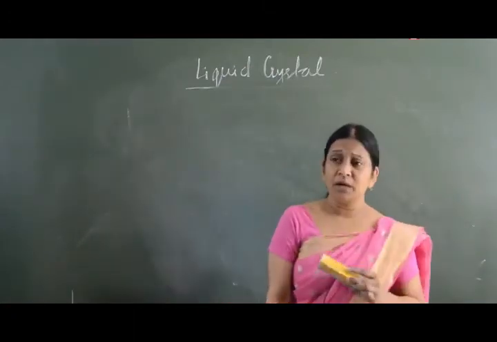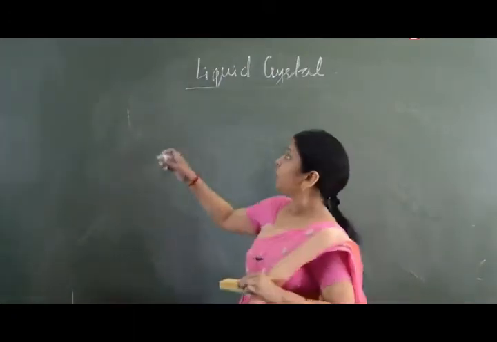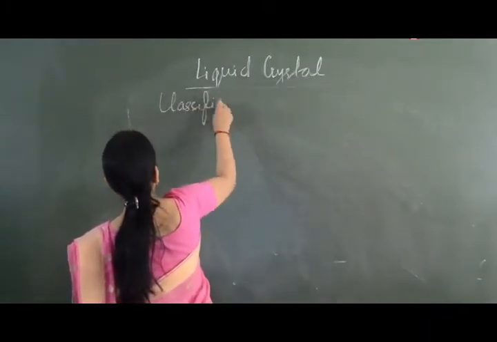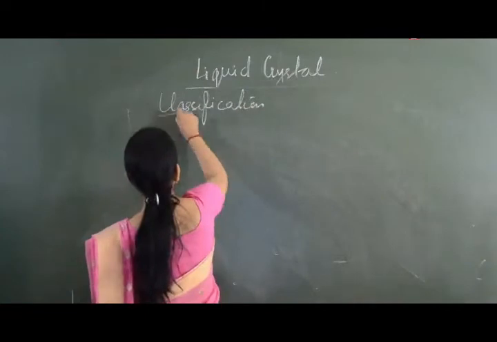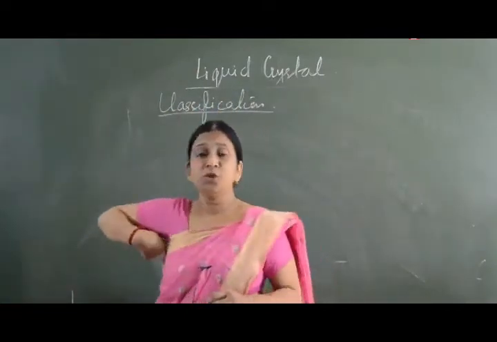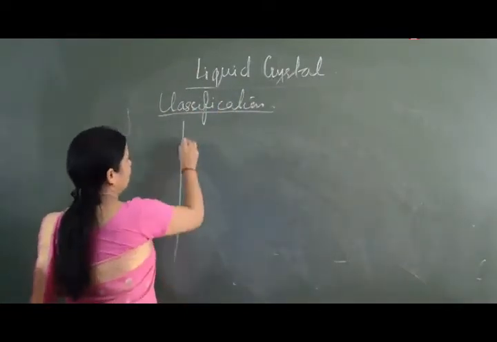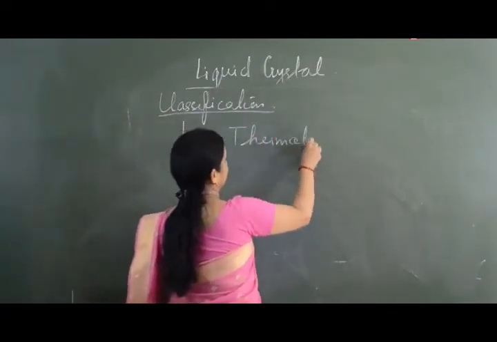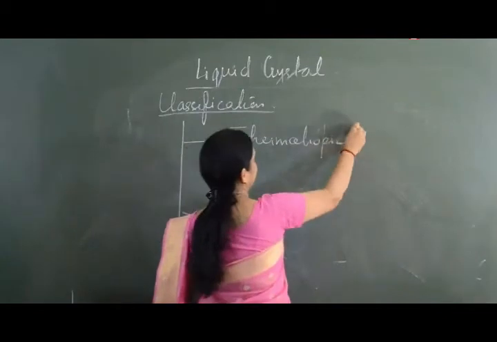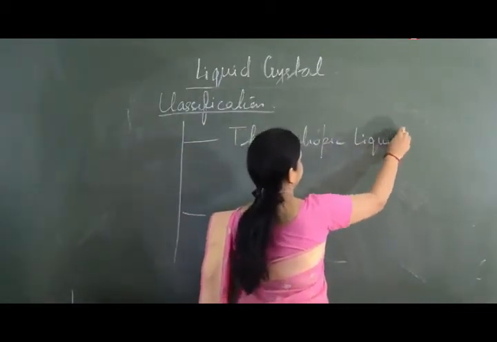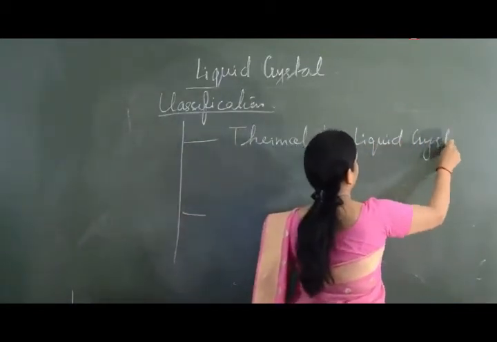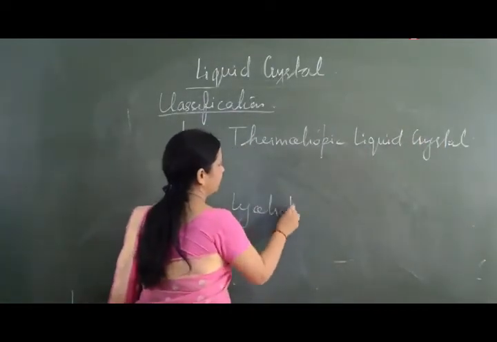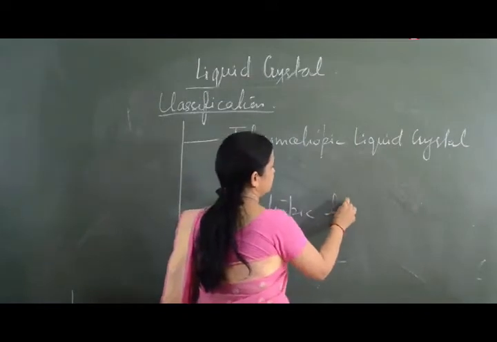Next we come to the classification of liquid crystals. If we talk in terms of classification, then basically we have two types of liquid crystals. One is thermotropic liquid crystal, and the other is lyotropic liquid crystal.